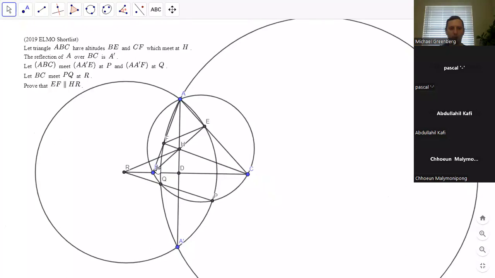It's a cool problem. Let's see. I draw this. This triangle is a reflection of triangle ABC.